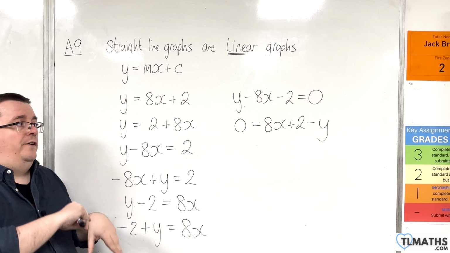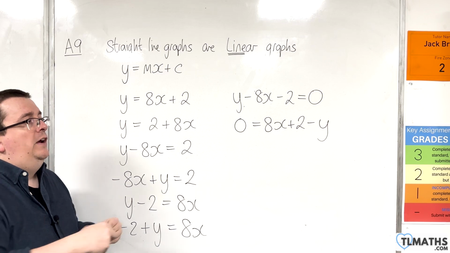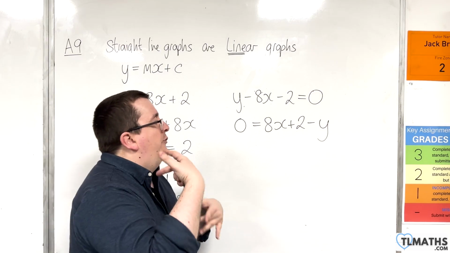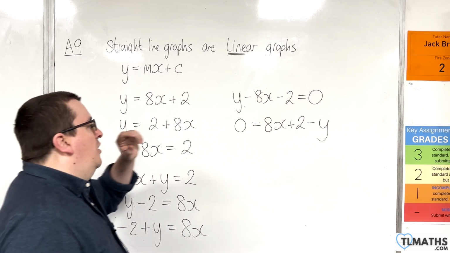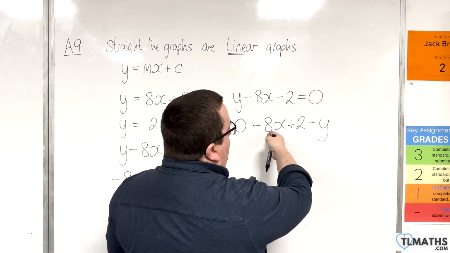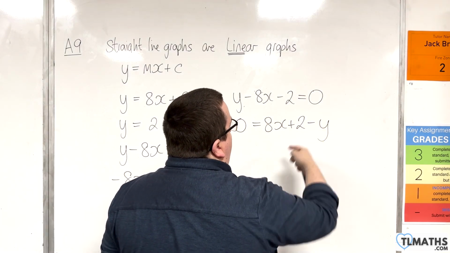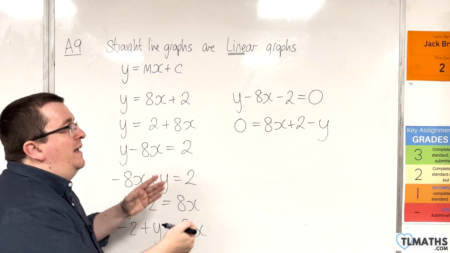You don't have x squareds or x cubes or y squareds or y cubes or square roots of x or square roots of y or 1 over x or 1 over y. You've just got an x and a y. They are being multiplied by a number, so 8 in that case, minus 1 in that case. You're not multiplying the x and the y together, they're separate things.